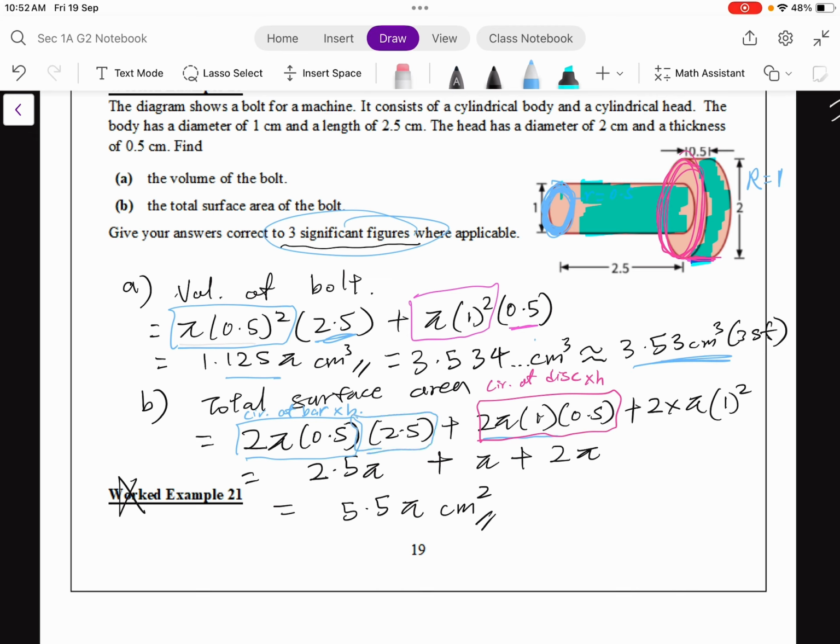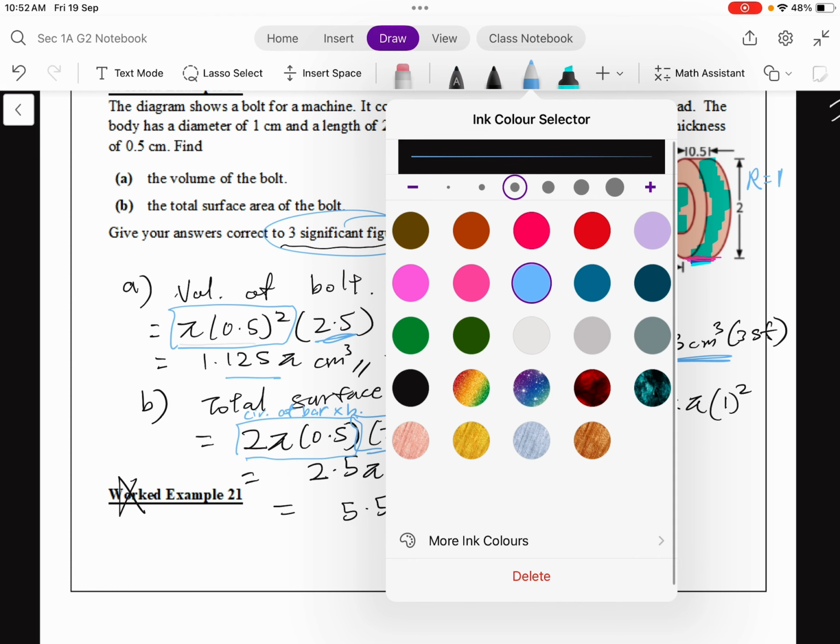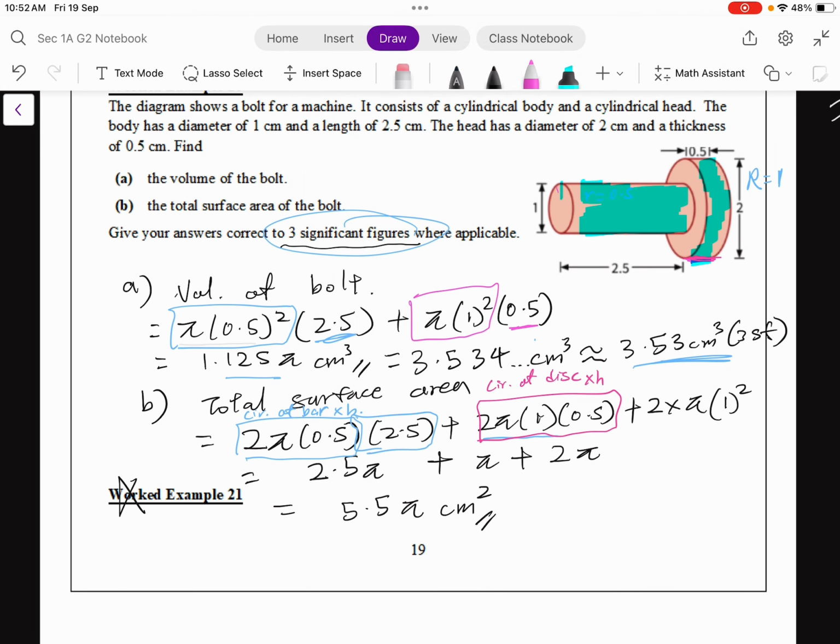Then we need to consider how about this area, and this area here. You also have to consider the area at the bottom.